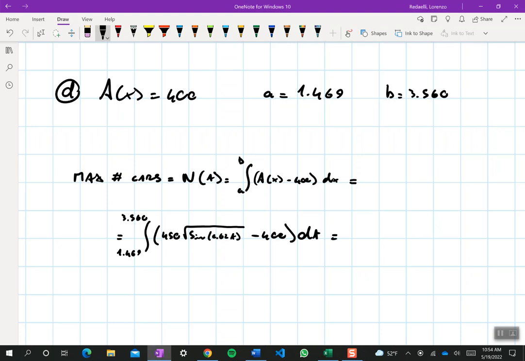Using a calculator, we find that it is approximately 71.187, which we round to 71 cars.